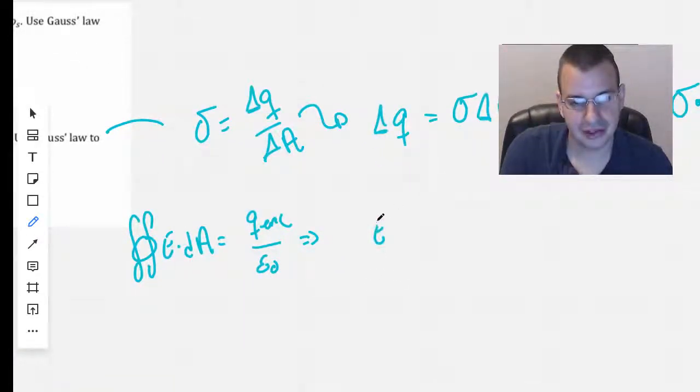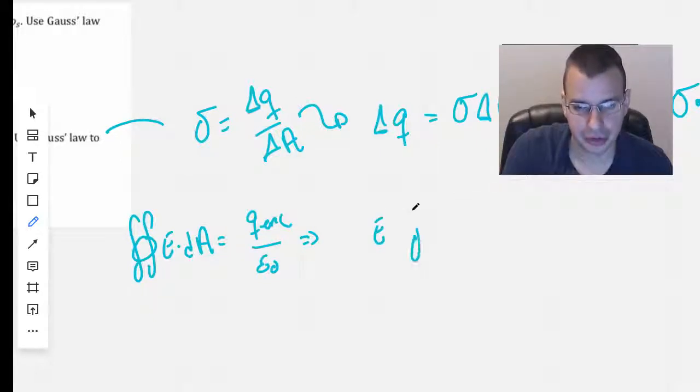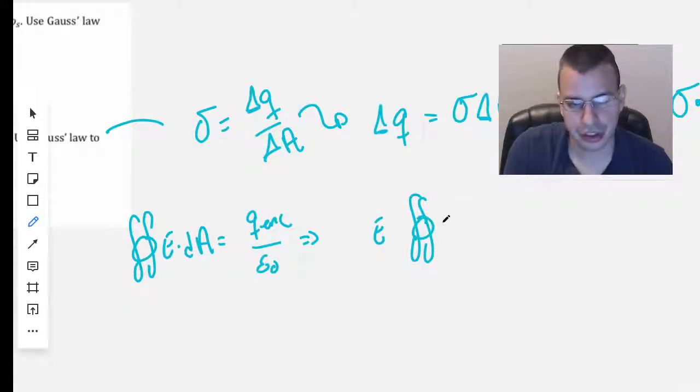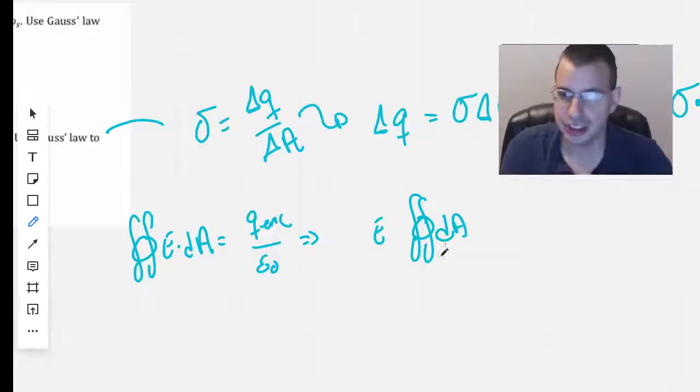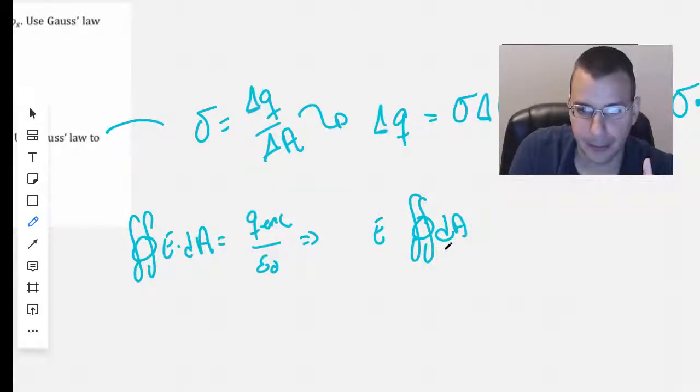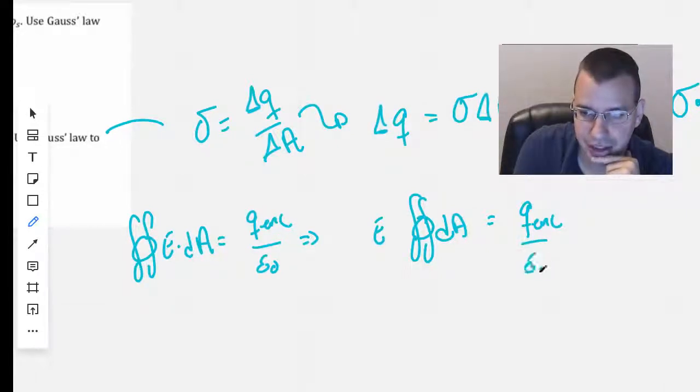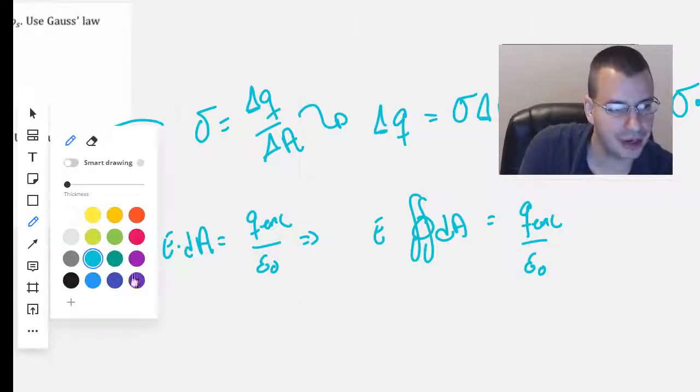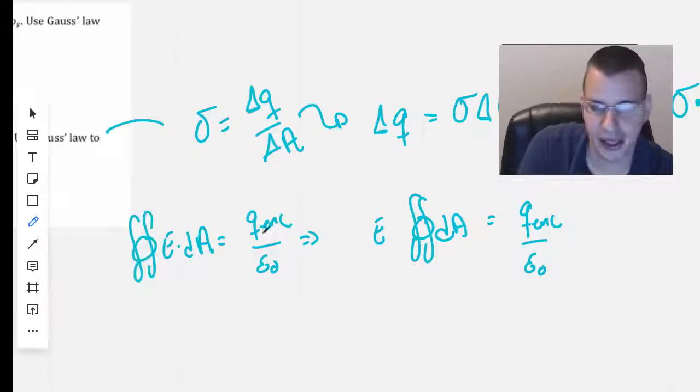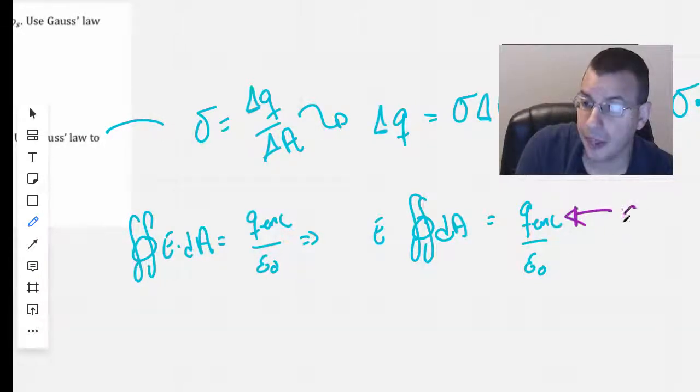So then we have E times dA. This here is just the surface of our Gaussian sphere, which is the smaller one, equals Q enclosed over epsilon naught. Now at this point for part A, I'm going to say that this Q enclosed is 0.